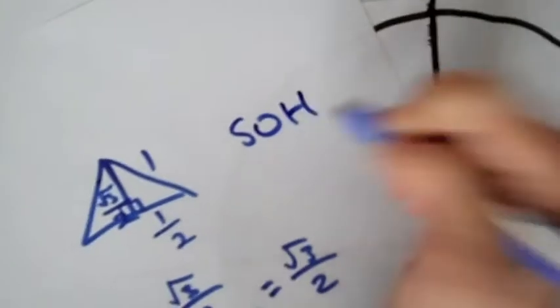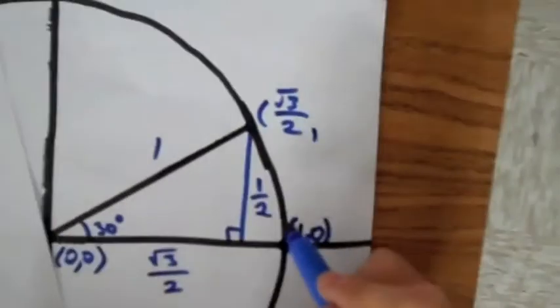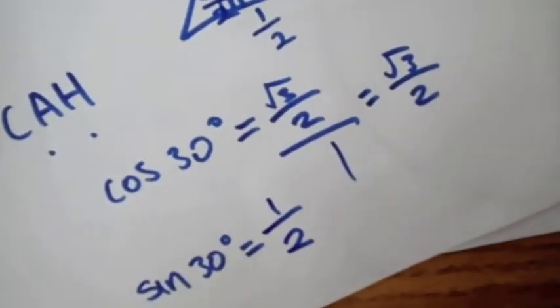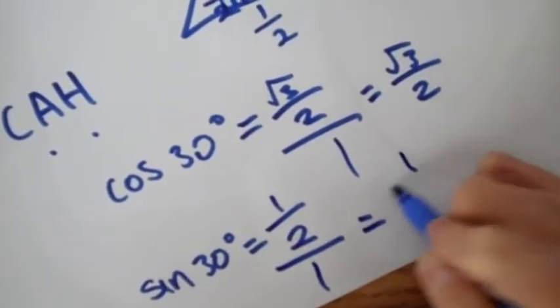Sine is opposite over hypotenuse. The opposite is 1/2. The length of the hypotenuse is 1 again, which makes this 1/2. Back to here, 1/2.